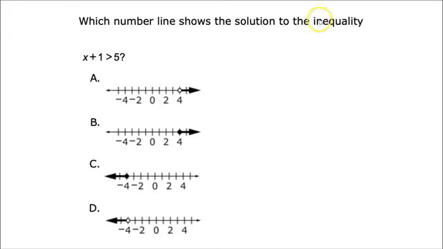That's why they stick the "in" in front of equality, because it's more than one value that the variable can equal. With this being said, you have x plus 1 is greater than 5, and then you have all of these number line options to see if they correlate to this inequality. I'll let you pause the video and work on this.